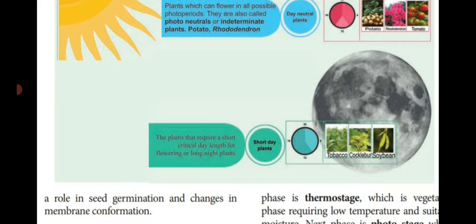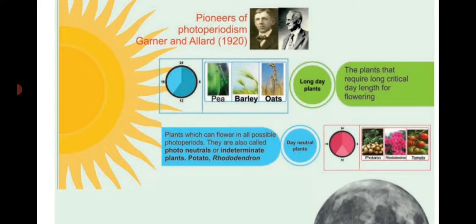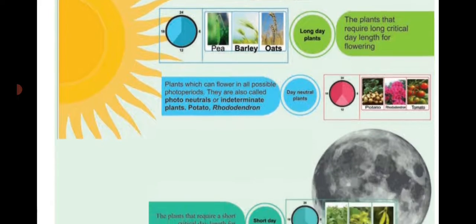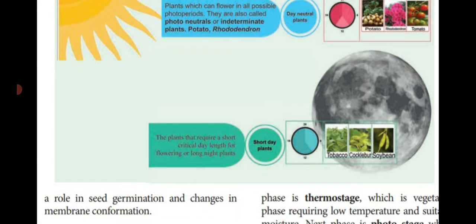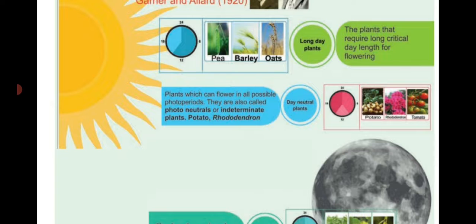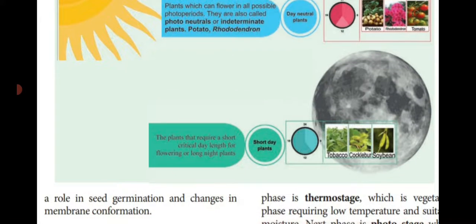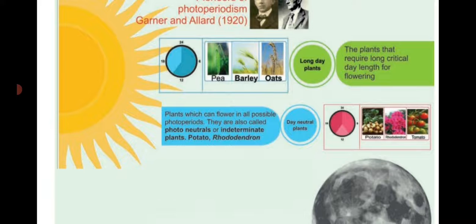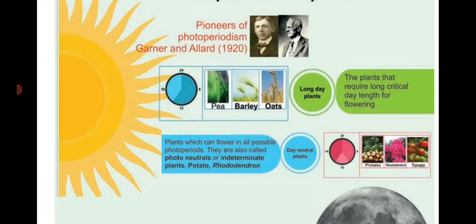See the diagram. First one, long critical day length, flowering takes place in the daytime. Short critical day length means it takes place at night. So in the first diagram, they are given sunlight. The third diagram is given moonlight. Then the middle one is the day neutral plant.